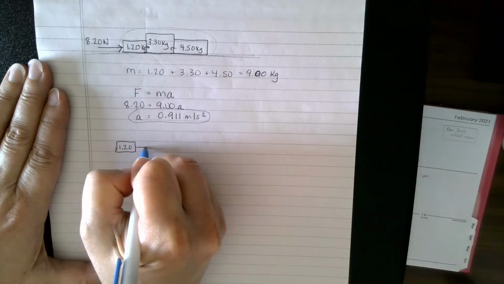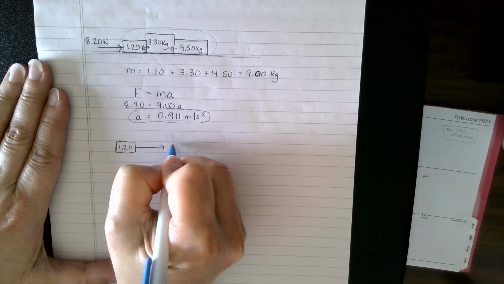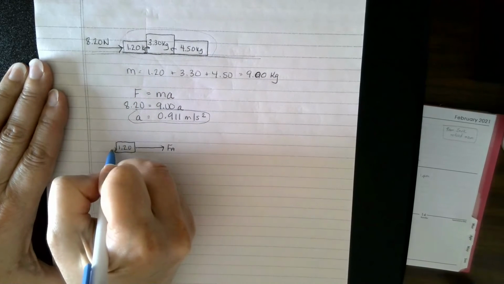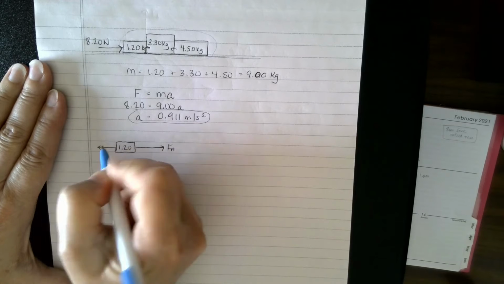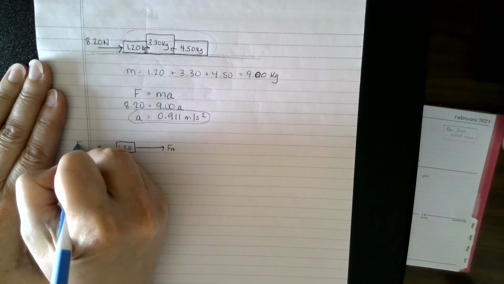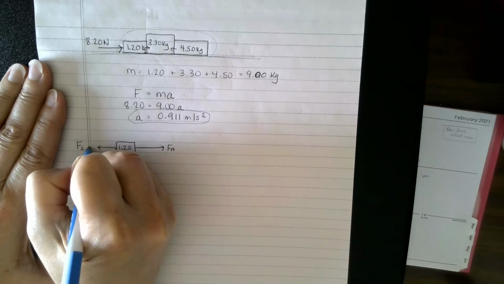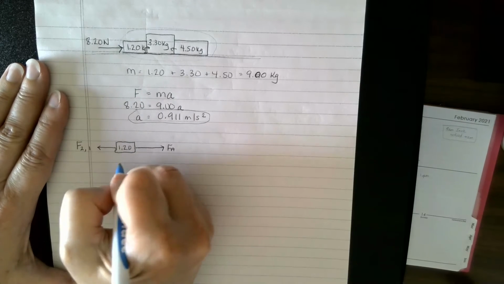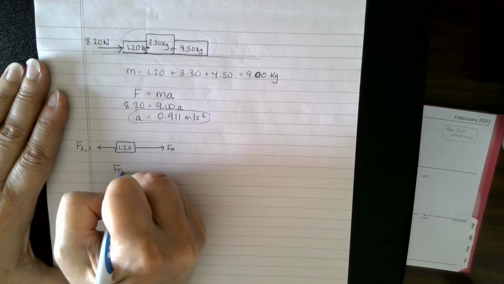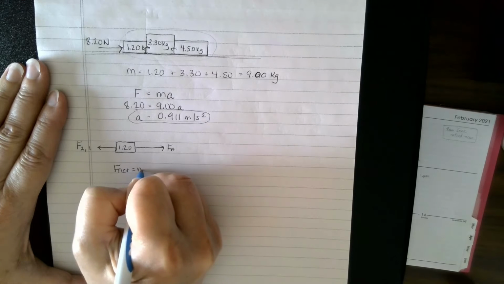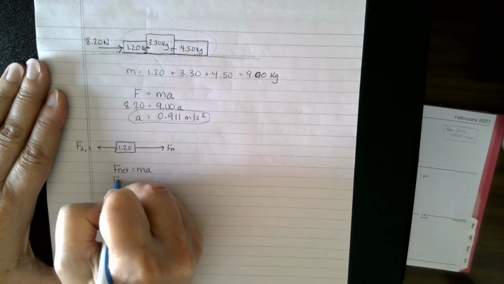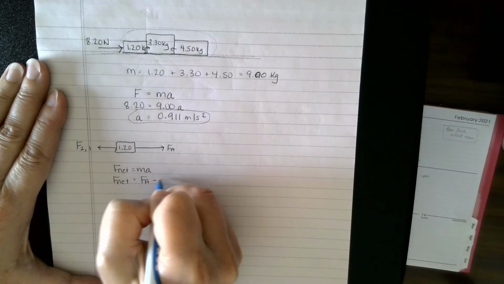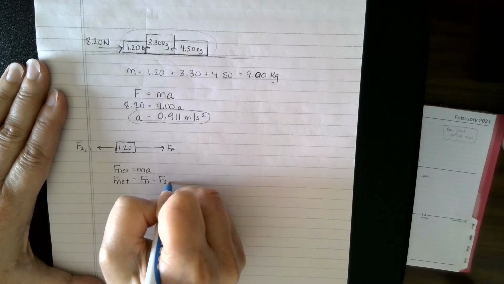So on this 1.2 block, I have an applied force, which is this 8.20 newtons, and I also have a force of block 2 pushing on that block 1. And I know that F net equals ma, and I also know that F net is equal to the applied force minus 2 pushing on 1.